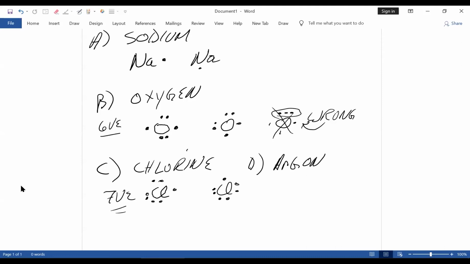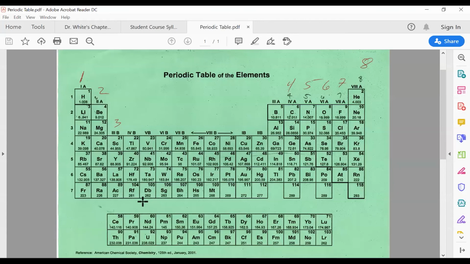Draw the Lewis structure for argon. For those who haven't, hopefully you have, argon's chemical symbol is Ar.